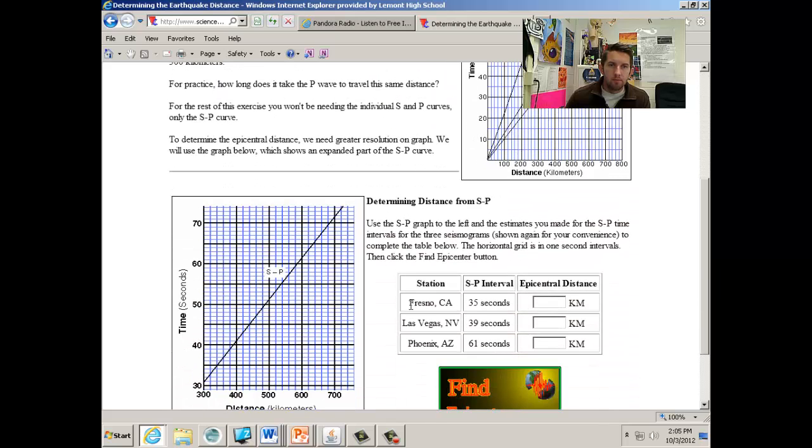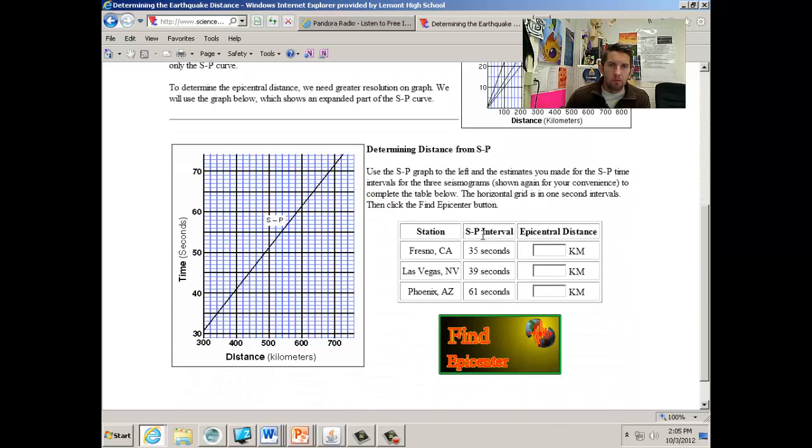Here we go. This is what we use. So here's our times. We have to use this line on the graph to determine distance. So, time on the y-axis, distance on the x. 35 seconds. We're here. It looks like we're at 340 kilometers. The epicentral distance, the distance from our seismograph station to the epicenter of the earthquake, 340 kilometers from Fresno.